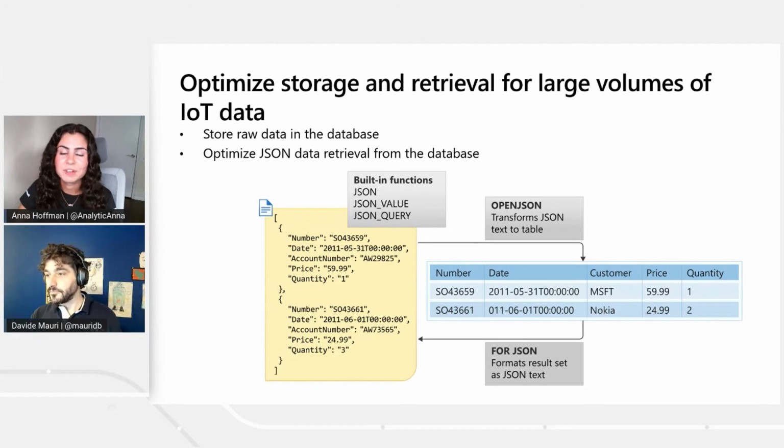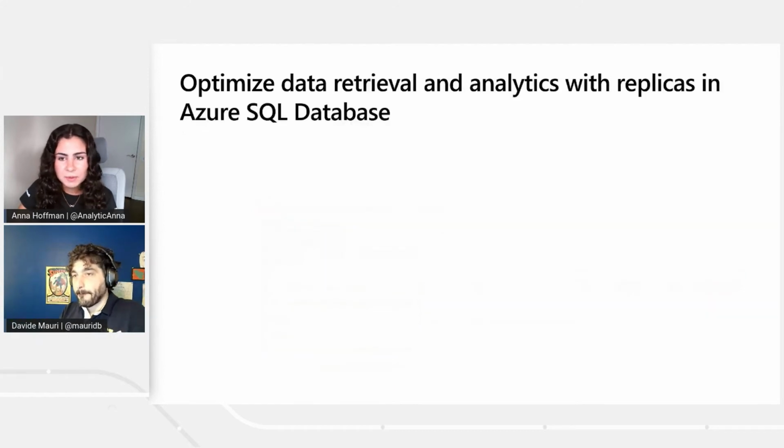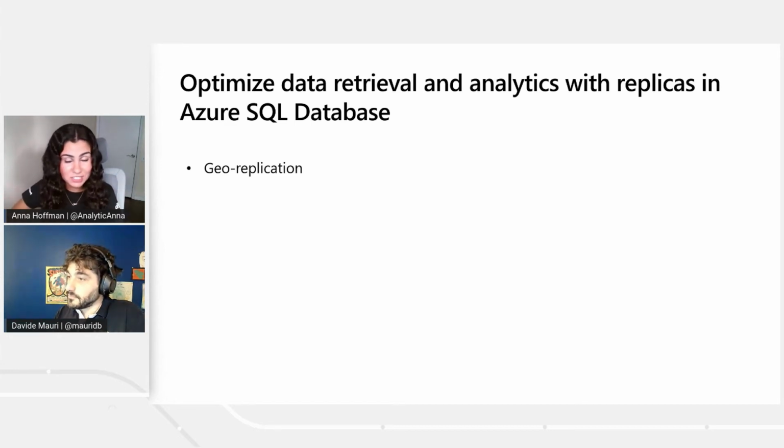Got it. The other thing I wanted to mention and then get your input on, Davide, is this idea of replicas. So when it comes to Azure SQL Database, there are a lot of different options that you have for replicas. There are geo replicas, which allow you to create readable secondaries in different regions.